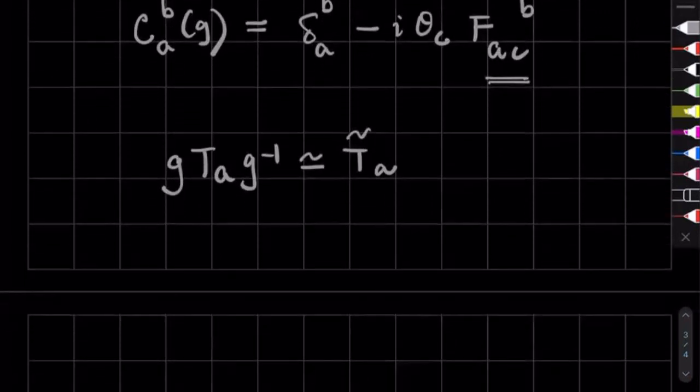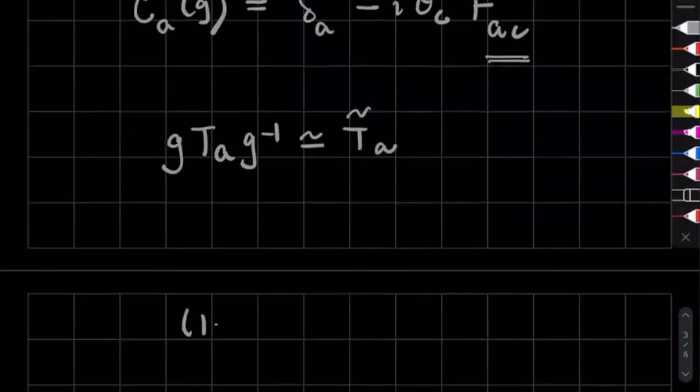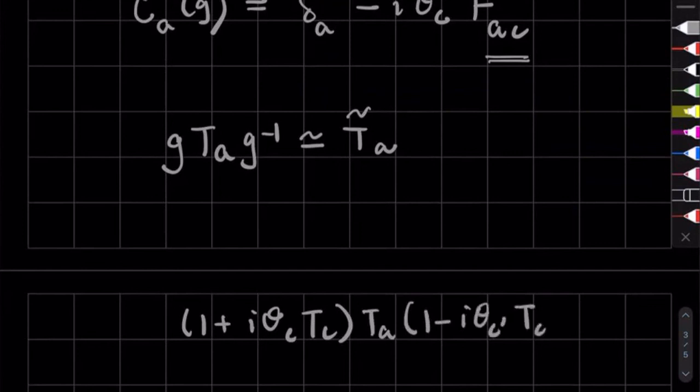On the left-hand side, we have 1 plus i theta^C T_C, T_A, and 1 minus i theta^C' T_C'. I'm just expanding this guy and this guy.